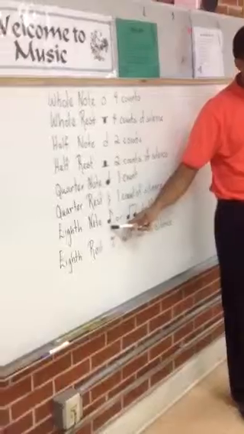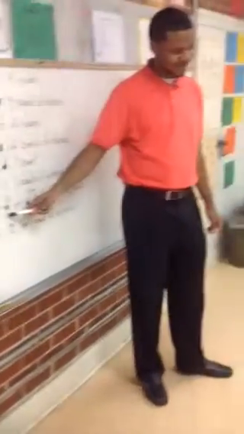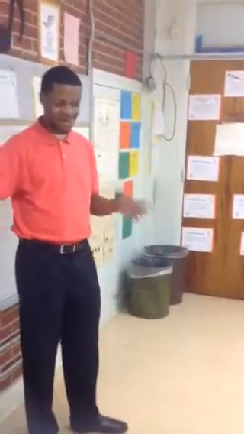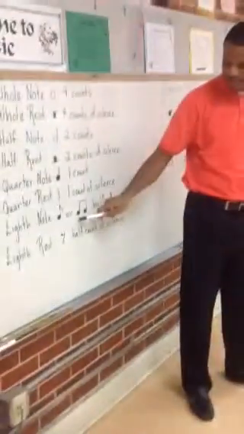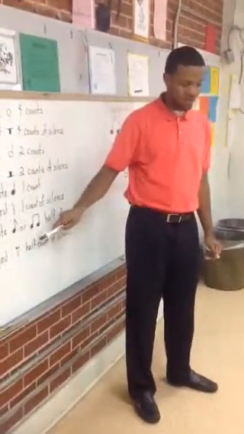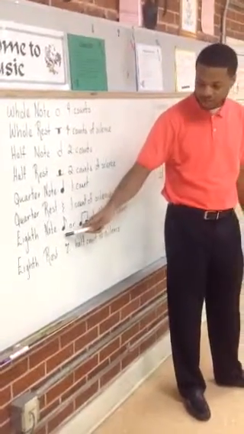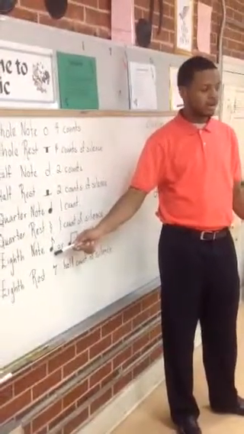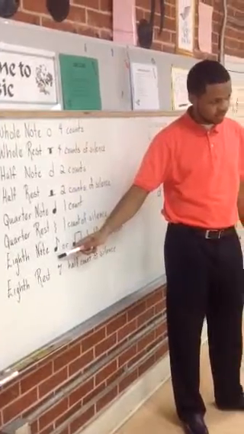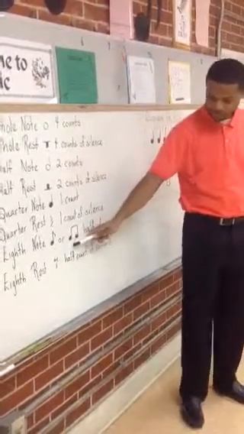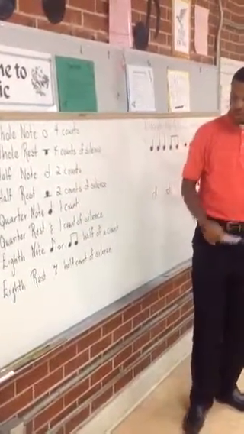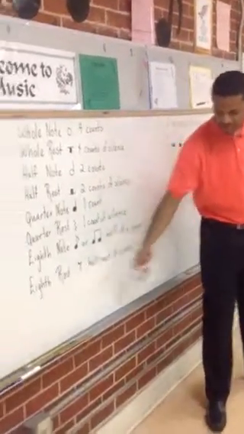How would you count this? 1 and. It's the same thing. This is 1 and, right, and then since it has this stem connecting going that way, it's considered the and part. So this is what? 1 and. And this is what? 1 and. All right, the next one we have is an eighth rest.